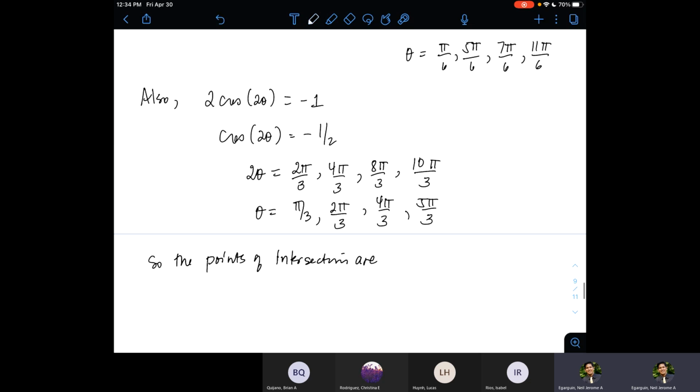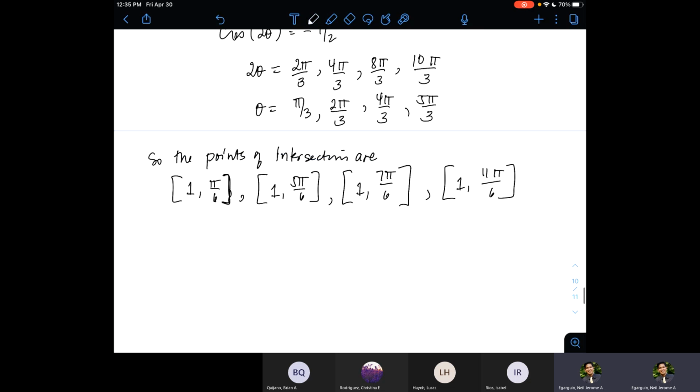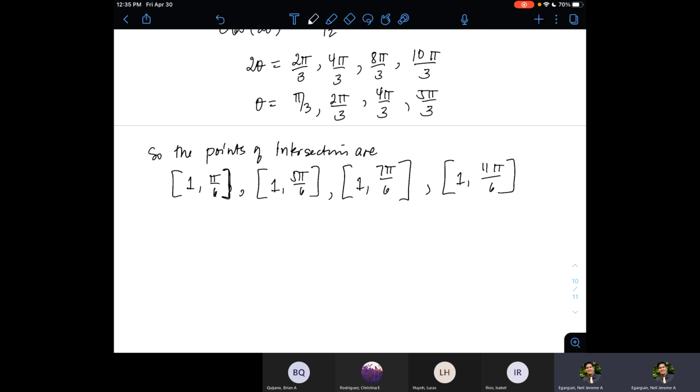So we'll have 1 comma pi over 6, 1 comma 5 pi over 6, 1 comma 7 pi over 6, 1 comma 11 pi over 6. Oh, I made a mistake when I drew the curves there, but anyway, let me show you why.